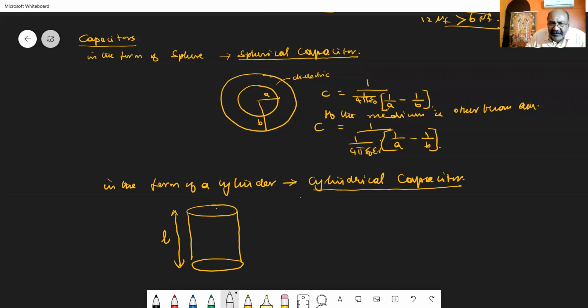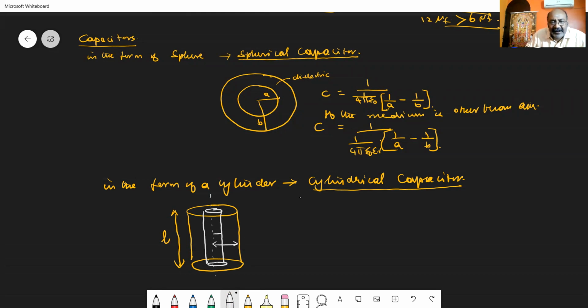Here you will have an inner cylinder. The radius of the inner cylinder should be taken as A and the radius of the outer cylinder taken as B. So, this is the center.